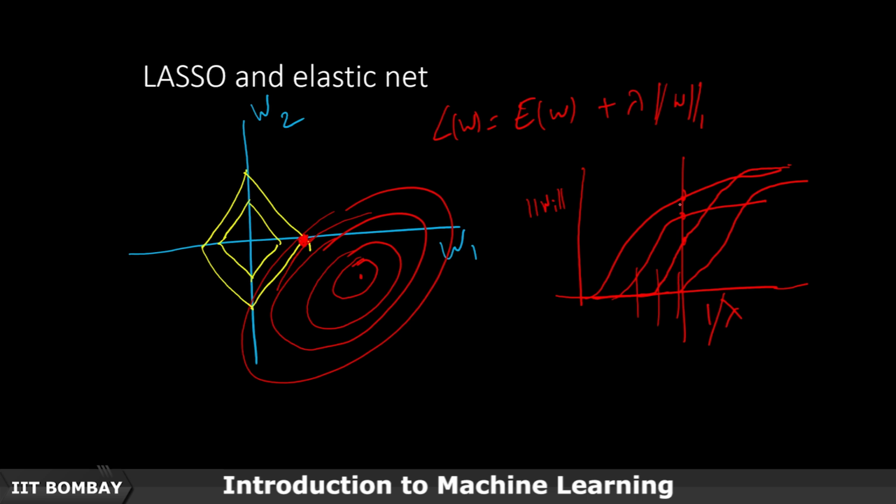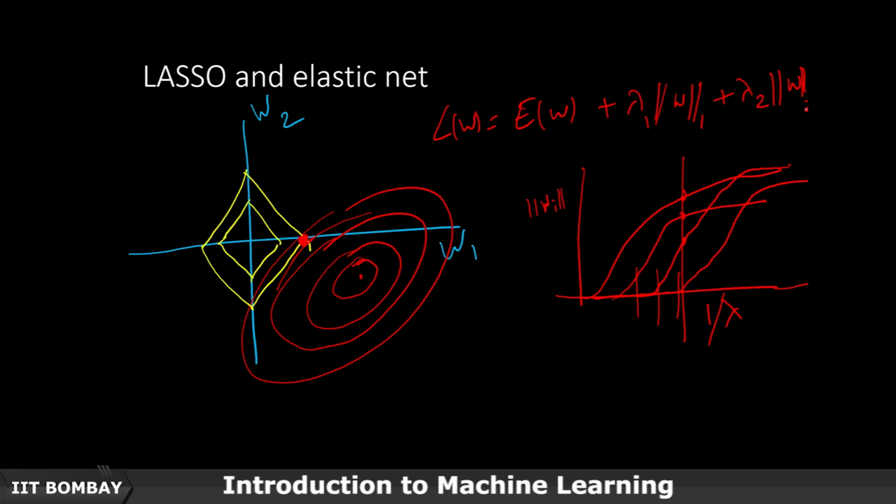In elastic net, we will have a second term, which would be, let's say, lambda 2 times the L2 norm of W. And what that does is it has a certain desirable property where it will keep correlated variables either in or out of the model together.